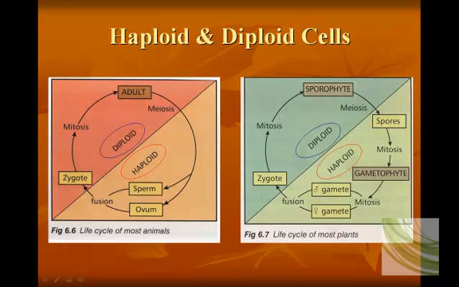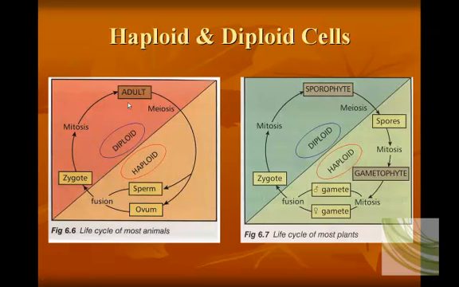Here, it shows a comparison of the life cycle in most animals and most plants. Let's see the life cycle of most animals. The life cycle of most animals shows the diploid condition having a mitosis process, where the zygote goes through repeated mitosis to form an adult.